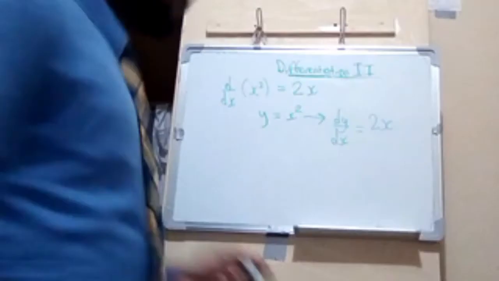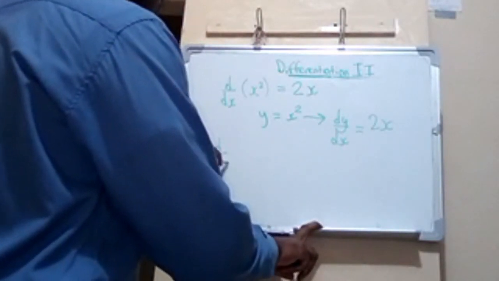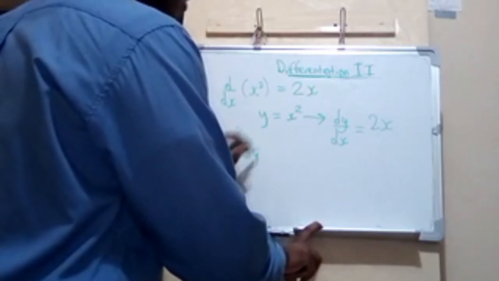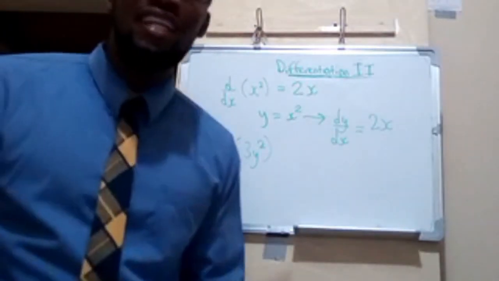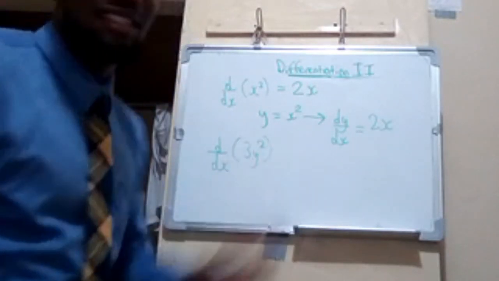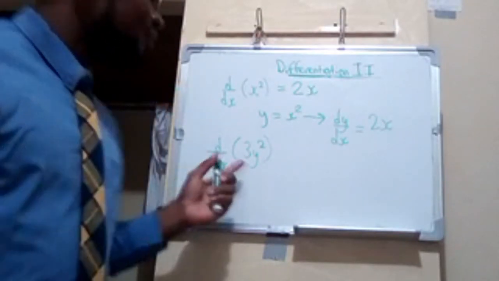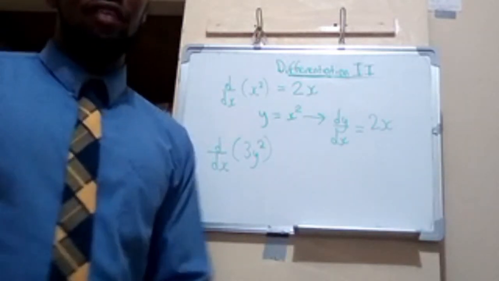Now, what if I ask you to find d by dx of 3y squared? You're going to say, huh? How do you find d by dx of y squared? Because this isn't even written in terms of x. How are we going to differentiate this with respect to x when it isn't even written in terms of x?